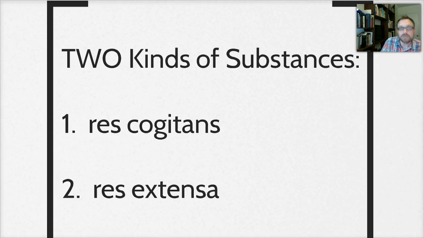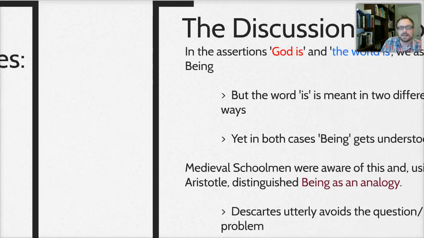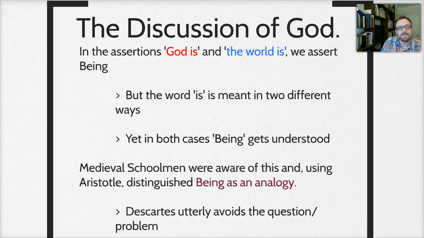Now remember, there's two types of substances, the res cogitans and the res extensa, right? Extension and thought. Now here's where Heidegger talks about God. He says, well, when we say God is and the world is, we assert being, because we're using the is, which is our copula, and is always refers to being, but clearly the word is meant in two different ways, because the being of God is fully independent, and the world's being is dependent in terms of creation.